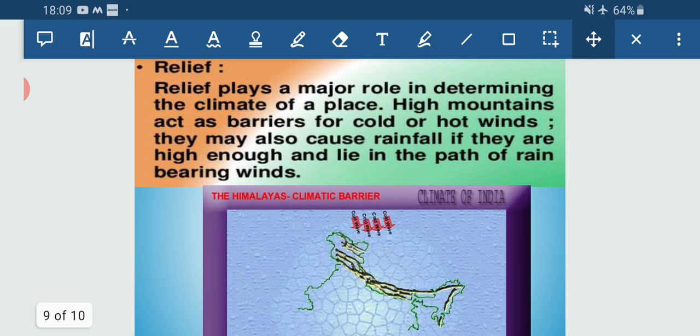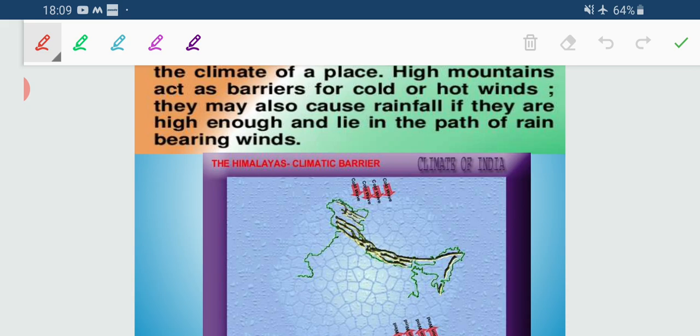Now the last factor is the relief. Here we are getting a picture of our Himalayan stretch. The Himalayan mountain is considered a climate divide, a mountain barrier or a climate barrier.